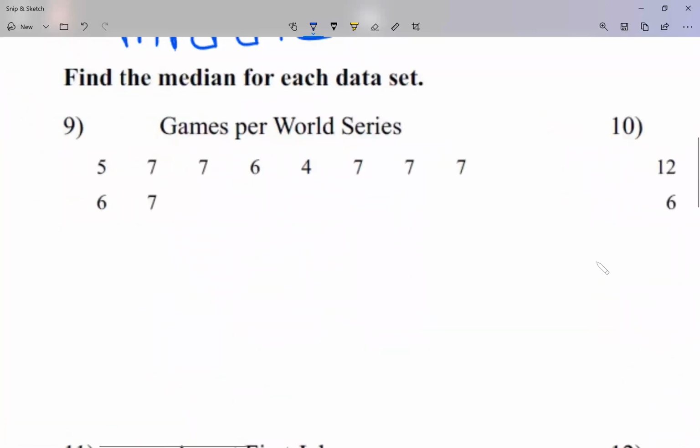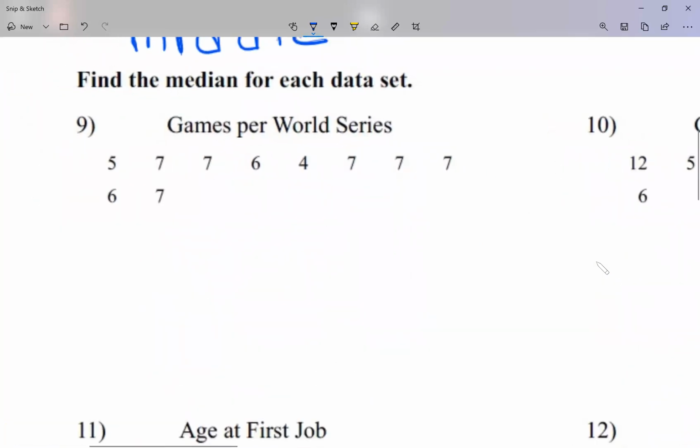Question number 9. Like I said, the hard part, not that hard, but just to say the hard part will be write the numbers from small to large. All right, so it seems like my smallest number here is 4. So let me just write a 4. I'm gonna cross it out from my list. And then I have a 5. Let me cross it off from my list.